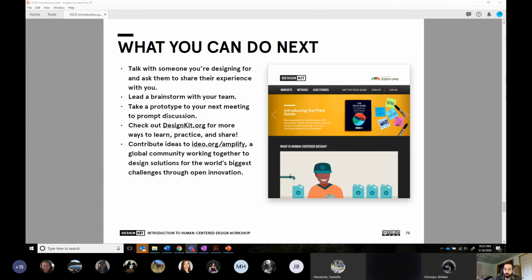So, for example, I'm working with Ethan Swift and his team right now on a human-centered design frame for their problems or their challenges, and it's really great for generating ideas that maybe wouldn't have existed in the past.